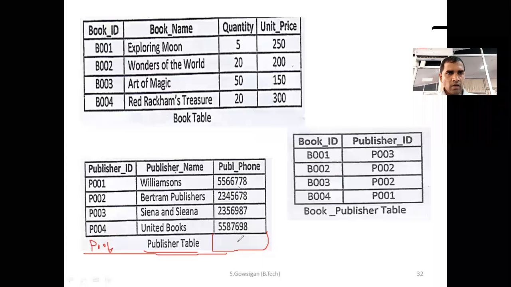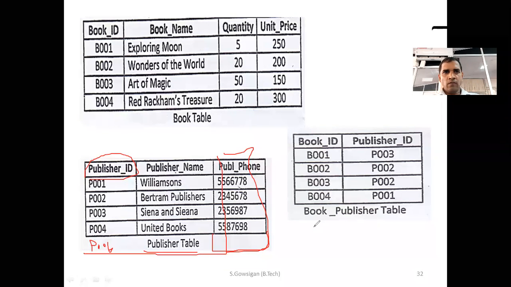A name is there, but since he doesn't have the phone number, we keep it as blank. This is not good, right? A primary key must have data. It cannot have a null value. So it may be the reason why we choose publisher ID. But otherwise, publisher phone can be, right? There is always a debate on this matter, but as I said earlier, the best option would be publisher ID. Have you understood? Right.